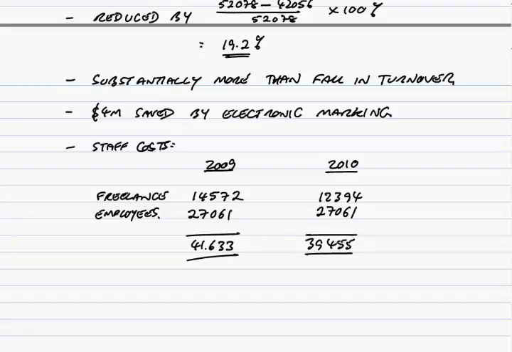Well, of course, employees, simply no pay rise, but freelance has fallen by 14,572 minus 12,394. They've fallen by 2,178. And if I do it in percentage terms, it was 14,572.